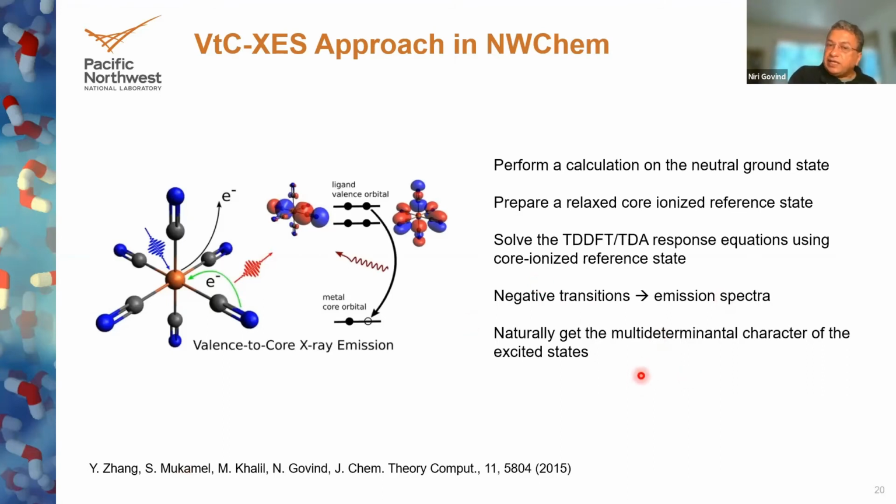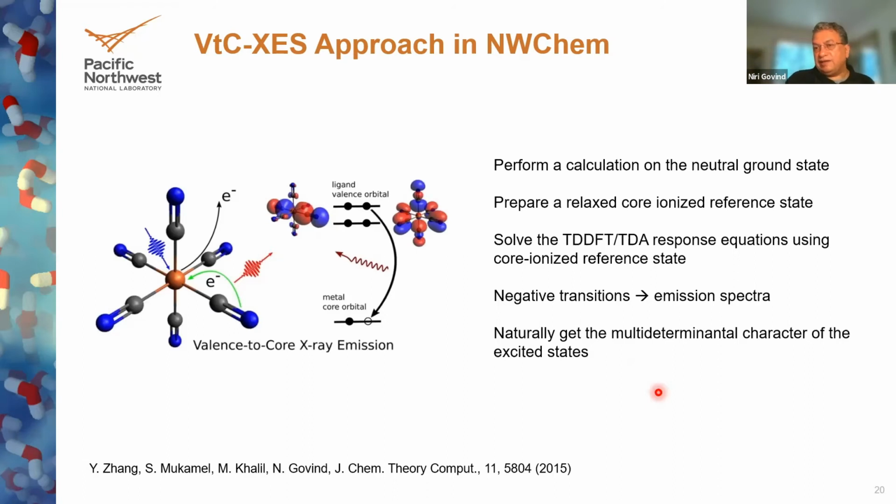And like I was mentioning earlier, there are approaches that tackle the same spectroscopy between an initial and a final state with a transition dipole between the two states, which is sort of like a Kohn-Sham single particle picture. But we get these solutions directly from the TD-DFT solutions, which encapsulate this multi-determinantal character. Even though core excitations tend to have very single determinant dominant characters, that's not to be assumed.